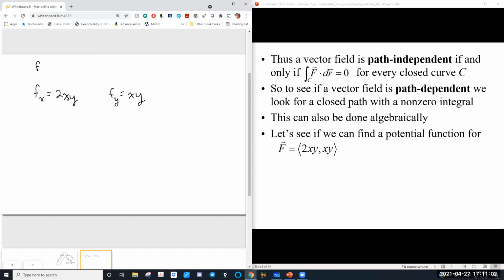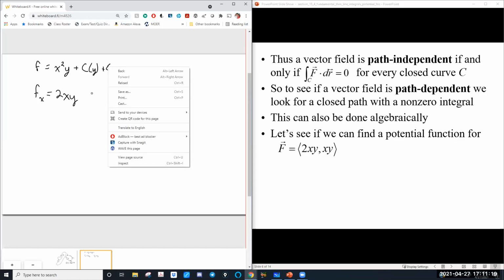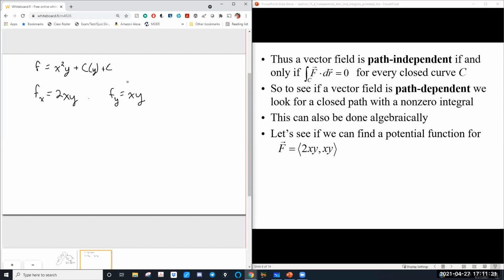So we would take the antiderivative with respect to x, which would be x squared y, plus it could have some constant in terms of y, so we'll call that c of y, plus it could have some just general constant. Excuse me.